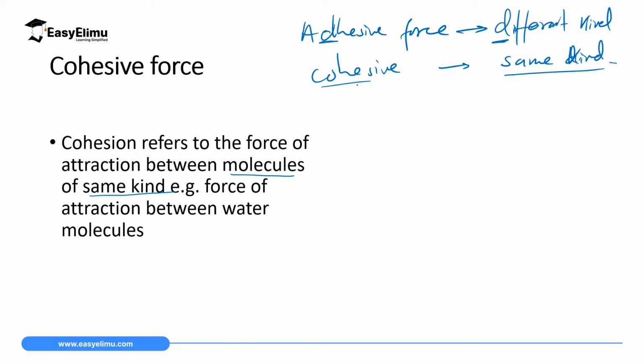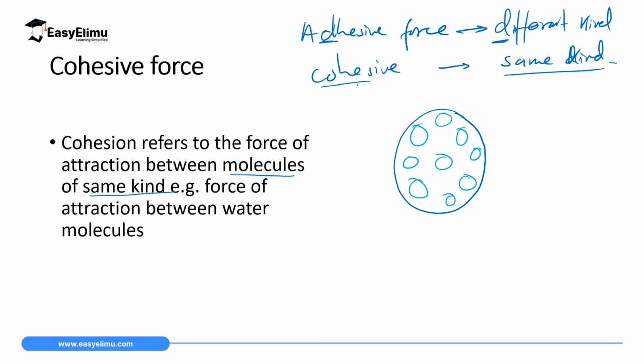A good example in this case is a water molecule. A water drop is spherical in shape, and inside this water drop we have water molecules. Remember, molecules are very small, so if you see a drop of water, it means it is composed of millions of molecules.